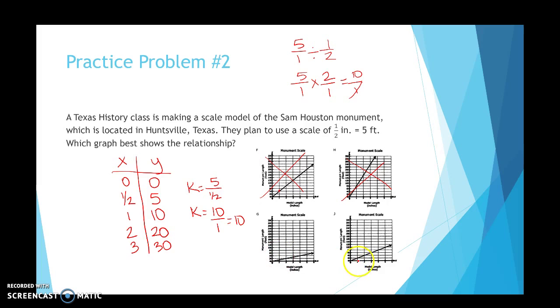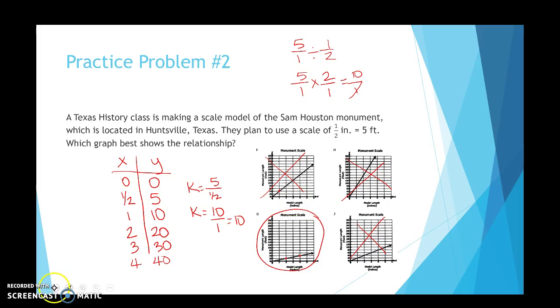This one has 1 and 20, which is not correct either. Let's check the rest of our points. 2 and 20. Okay. 3 looks like about 30. 4, we said, would be 40. Is that what it shows? 4 and 40, 2 and 20. Okay, that looks right. So this here is going to be our answer.